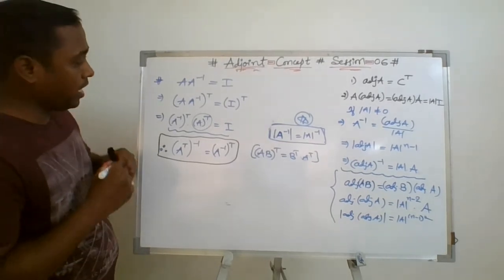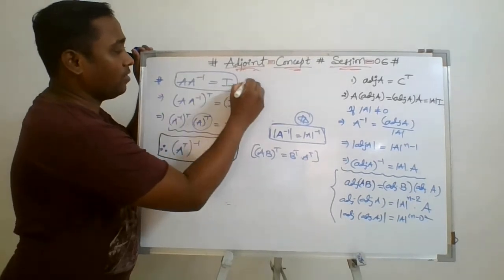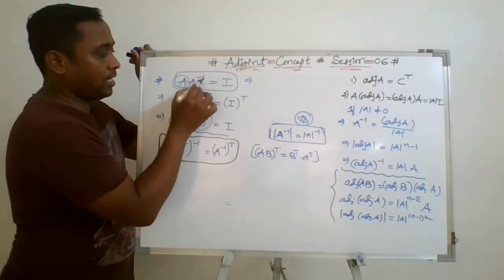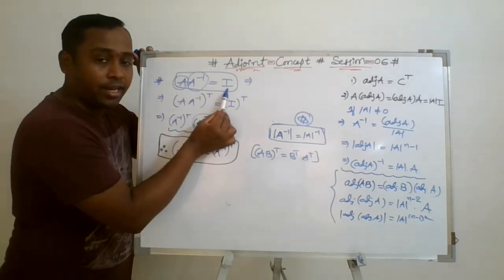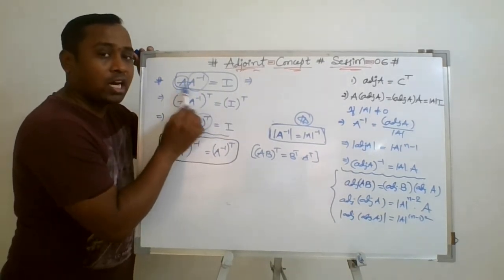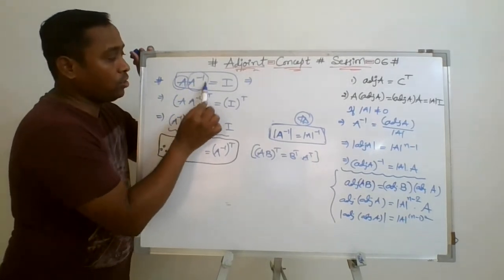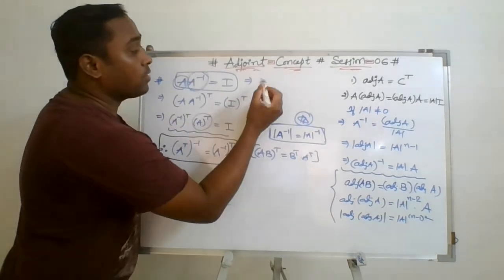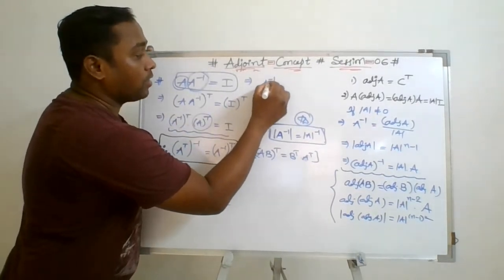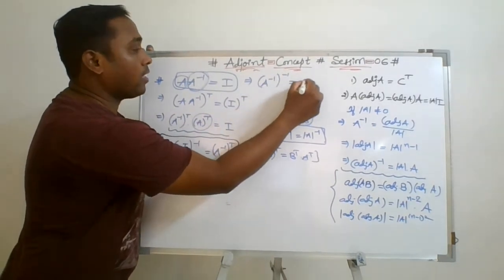How? Again from the same definition. See here, if this is a matrix A, this is a matrix B, A into B is equal to I, it means that these two are inverse of each other. So can I say the inverse of this B matrix is this? So what does this result state? Inverse of this second matrix is A only.